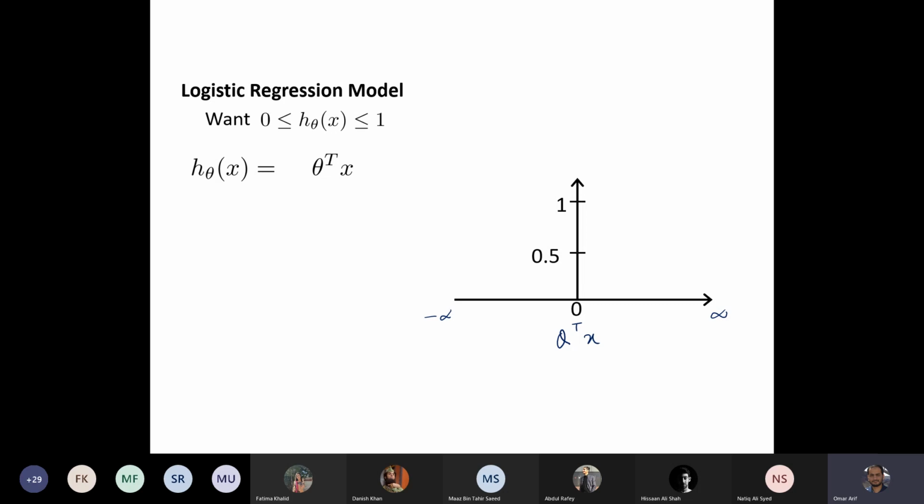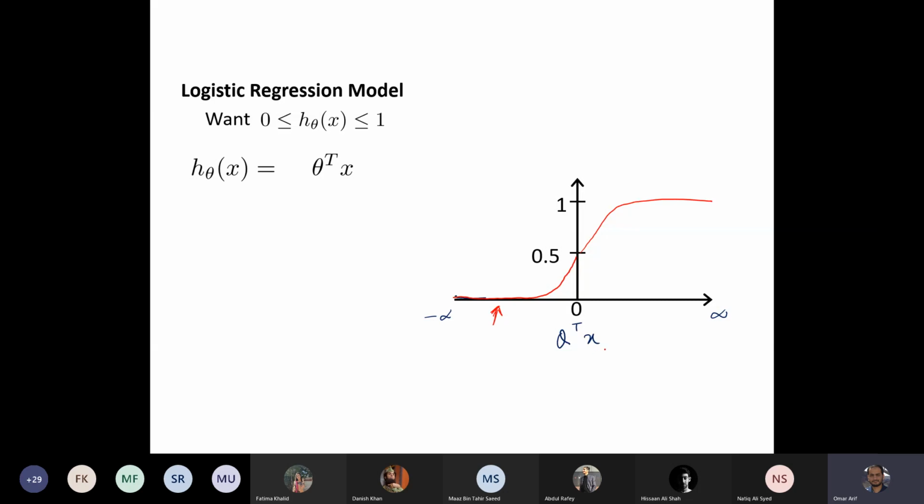Now what do I want to do? I want a graph like this. Let me change the color. If theta transpose x has a value which is negative, then I get all around 0.